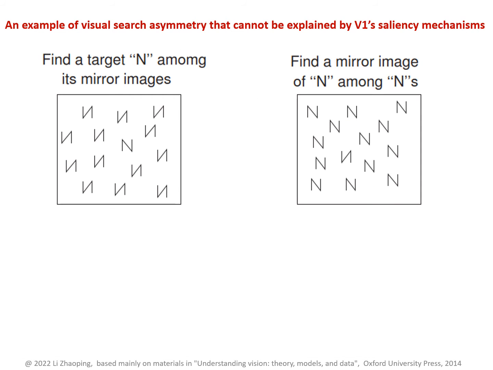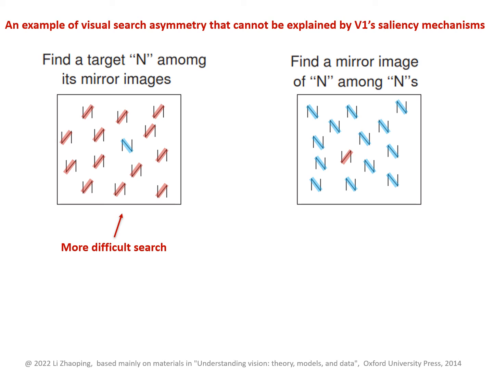Here is another example of visual search asymmetry. It's more difficult to find a target letter N among its mirror images than the other way around. And this asymmetry cannot be explained by the saliency mechanisms in V1. In each image, the target differs from the non-targets only in terms of the orientation of their tilted line components.